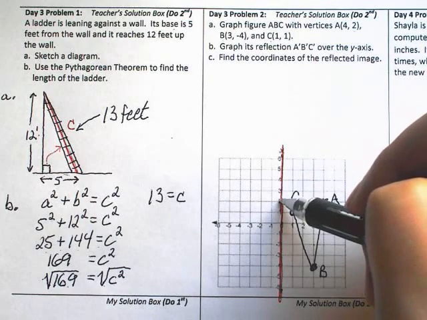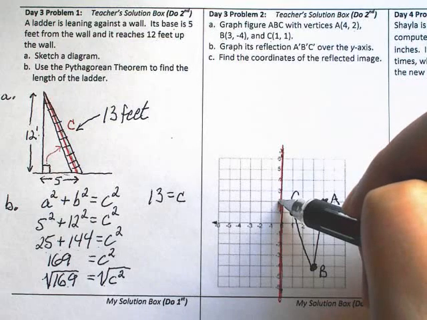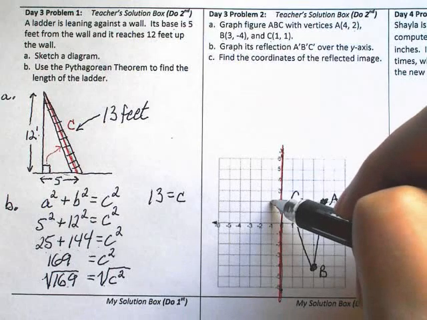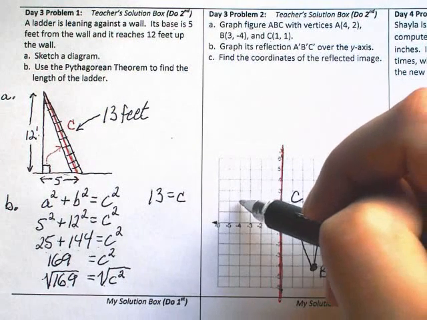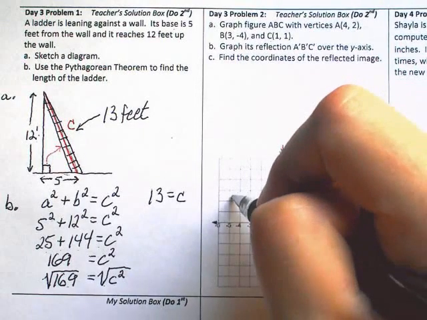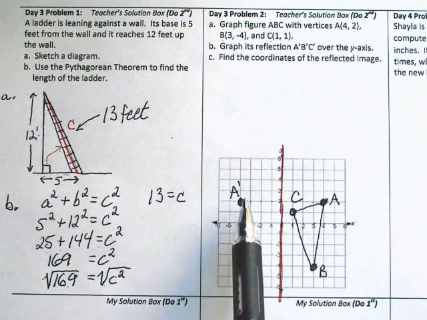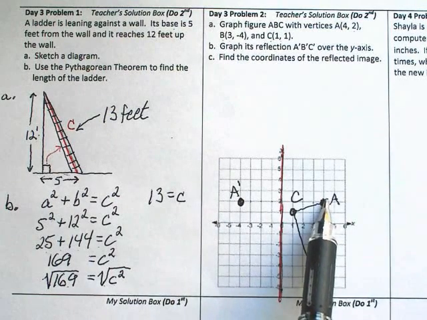Point A is 4 units to the right of the y-axis. Let's move 4 units to the left side of the y-axis. 1, 2, 3, 4. Here is the dot that is called A prime. It is the reflection image of point A.